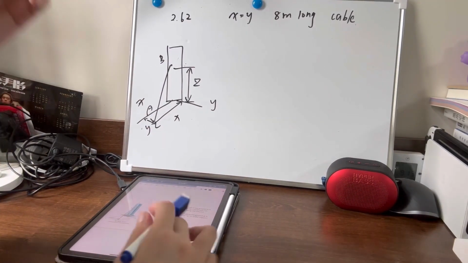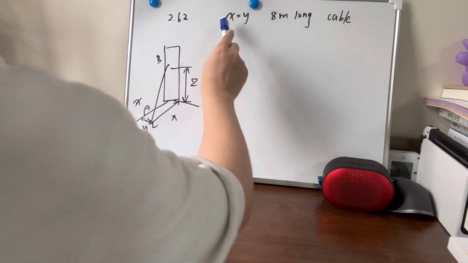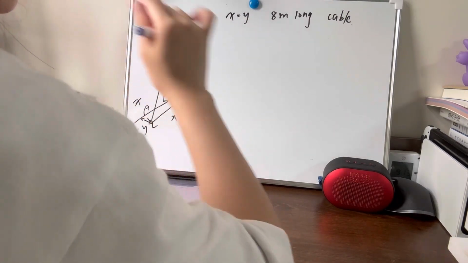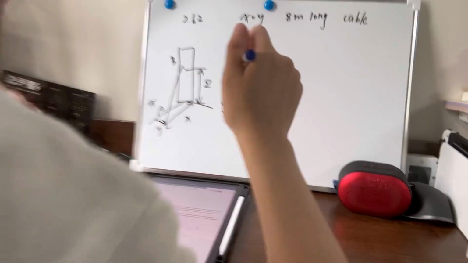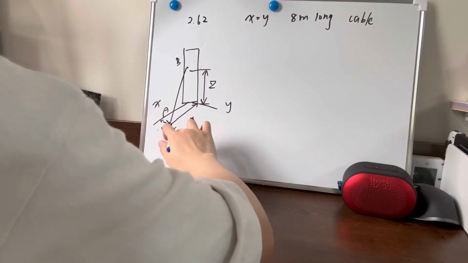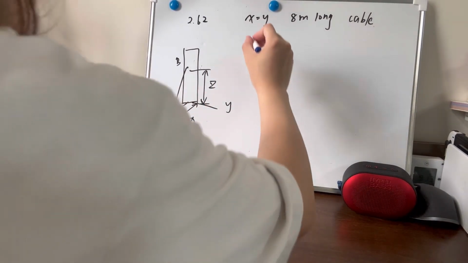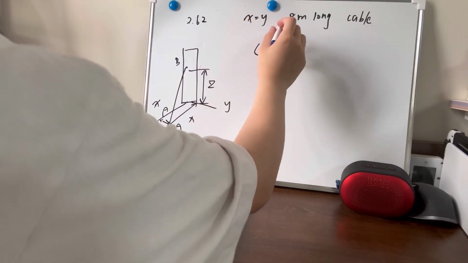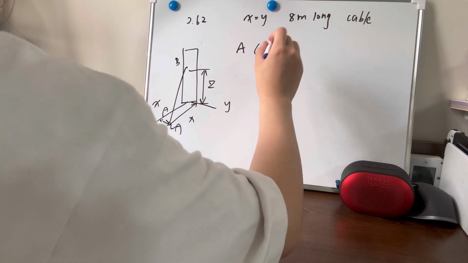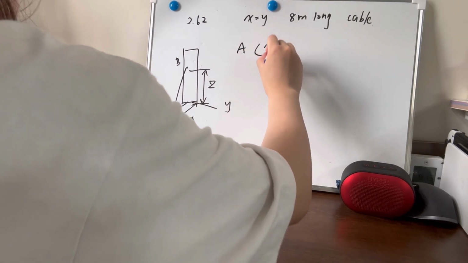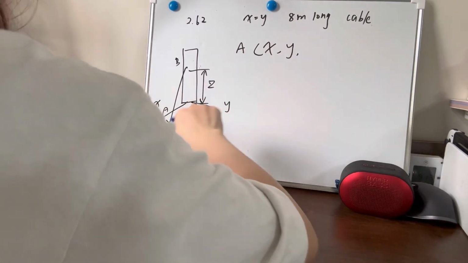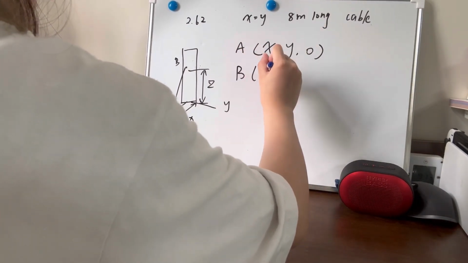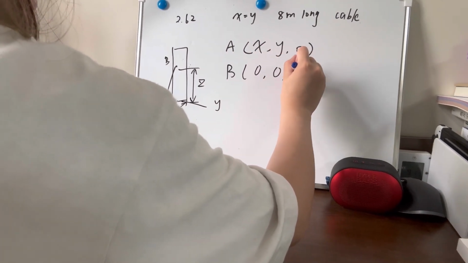And now these questions tell us the x equals y and its total length is a meter long cable. So we can know the point A here, and we know the x equals 0, so we just write down x, y, and 0, and the point B here is 0, 0, z.